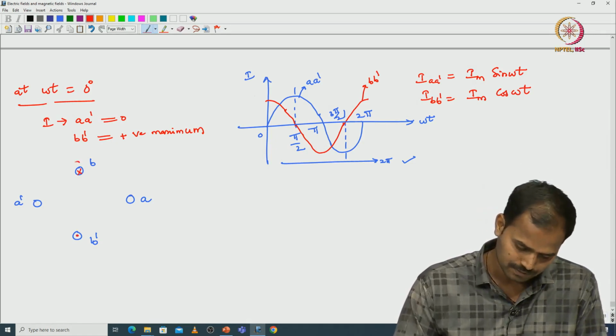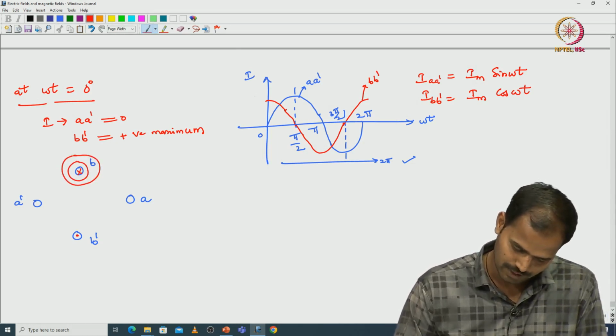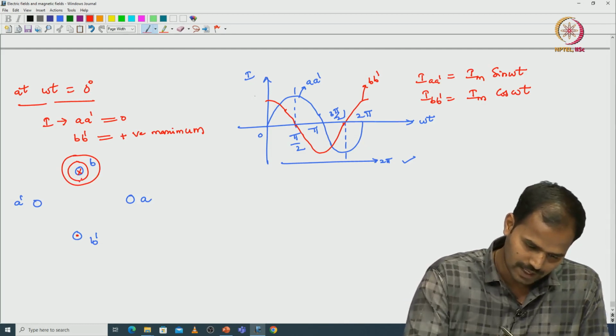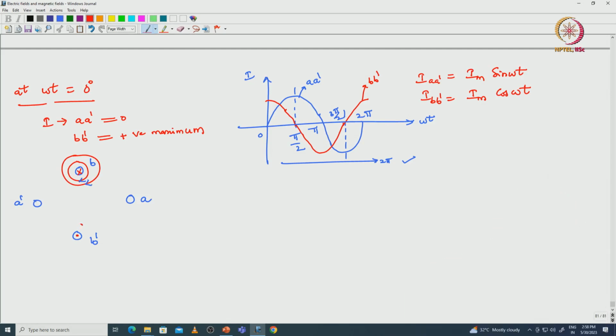Apply the thumb rule and the flux loops will be in this manner. For the cross it will be in the clockwise direction, and for the dot it will be anti-clockwise. So the resultant flux vector is in this direction.